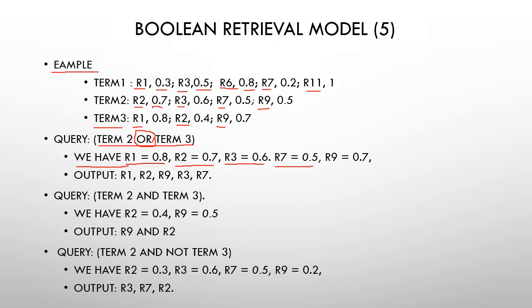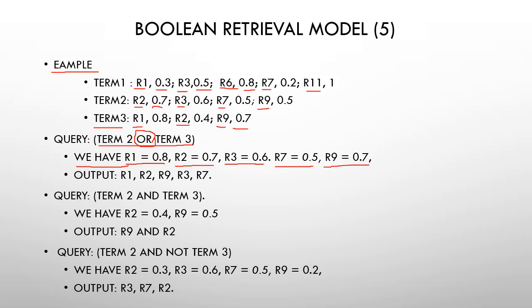And then term 2 also appears on document number 9 with a weight of 0.5, and term 3 appears on document number 9 with a weight of 0.7. So we take only the one with the higher weight, so we say R9 0.7.